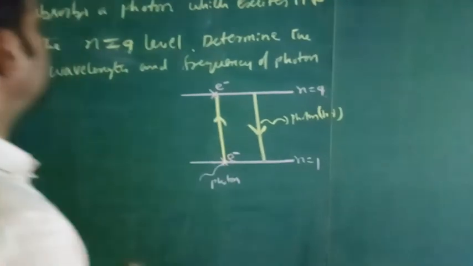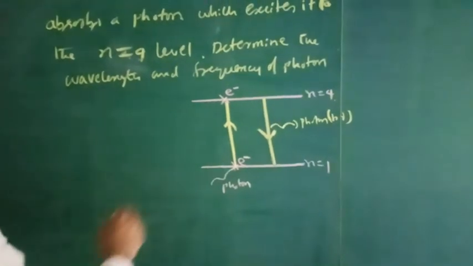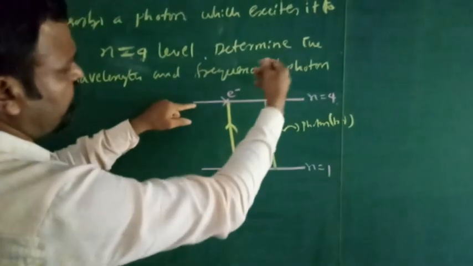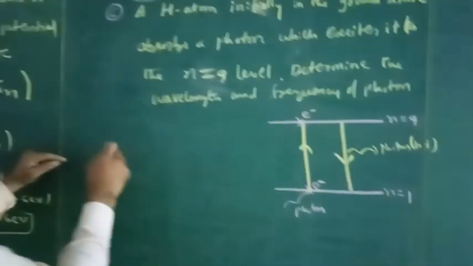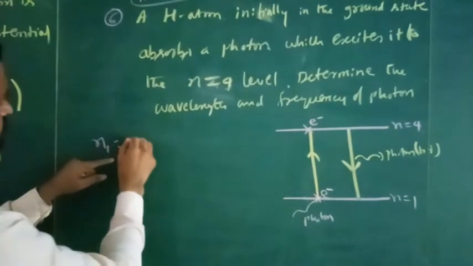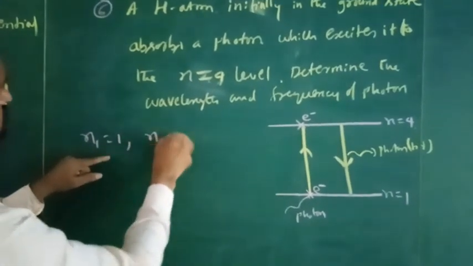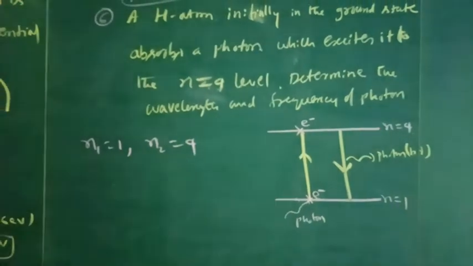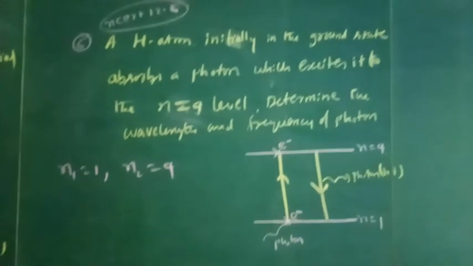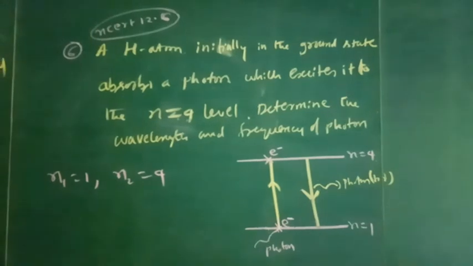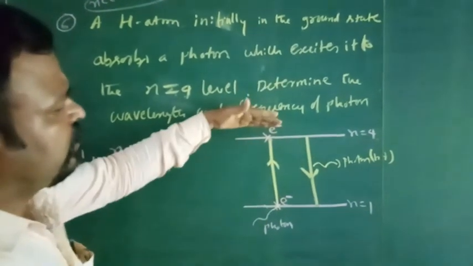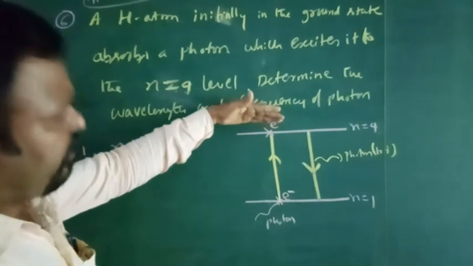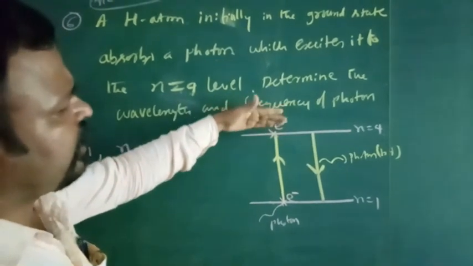Here n1, the lower orbit, is 1 and n2 is 4. This is the Lyman series, because the electron jumps from a higher orbit to the first orbit.